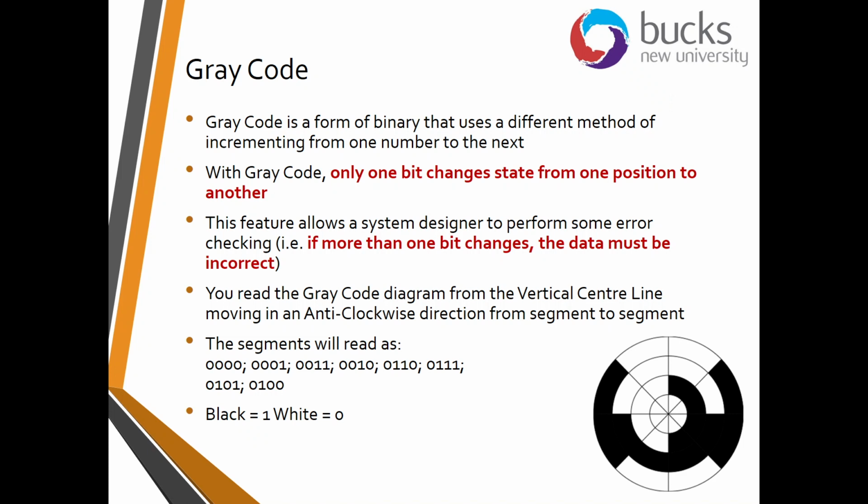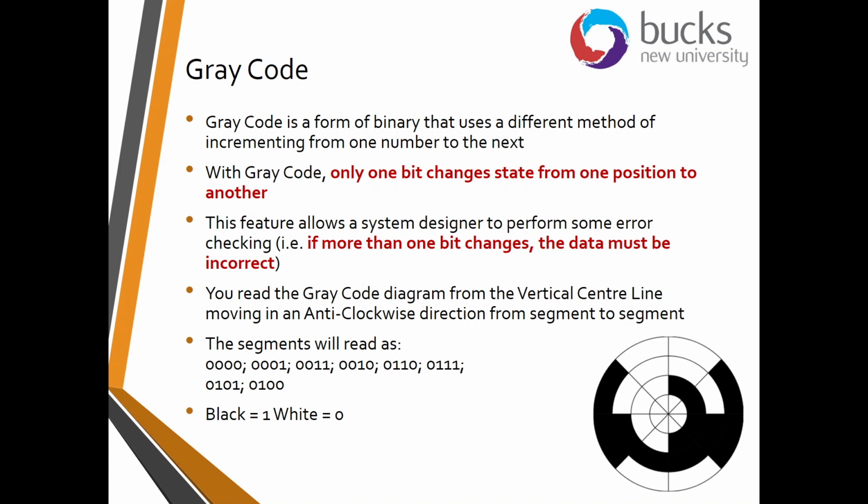Grey code is a form of binary that uses a different method of incrementing from one number to the next. So with grey code, only one bit changes state from one position to another. So this feature allows a system designer to perform some error checking, i.e. if more than one bit changes, the data then must be incorrect.